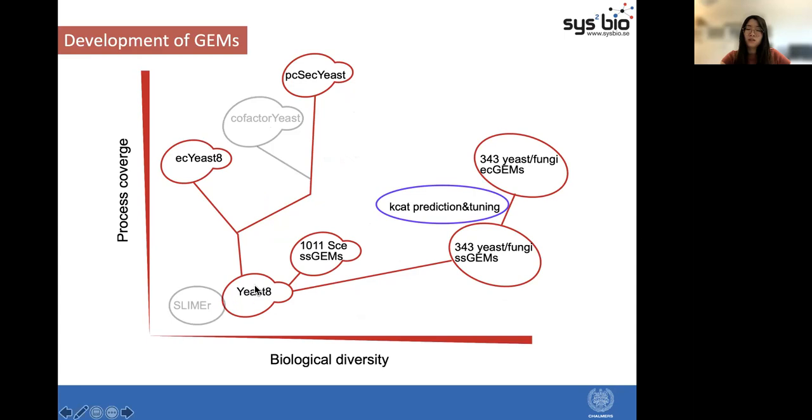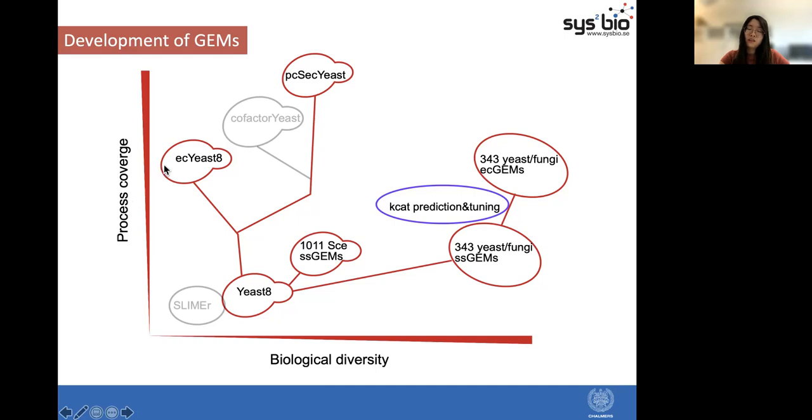The first one is to expand the model for baking yeast to other different strains of baking yeast and to different yeast and fungi species. For example, the milk yeast and the wine yeast, and also other yeast. And the other direction is to include more processes and constraints.